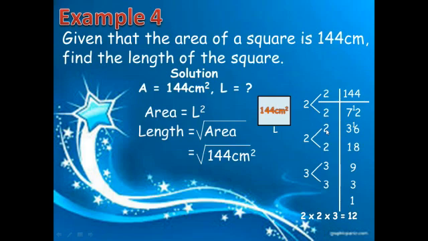So now we'll say 2 times 2 times 3 gives us 12. Very good. 12 centimeters. Mind you, the square root of any number is a number which can multiply itself to give this number. 12 times 12 is 144, isn't it?